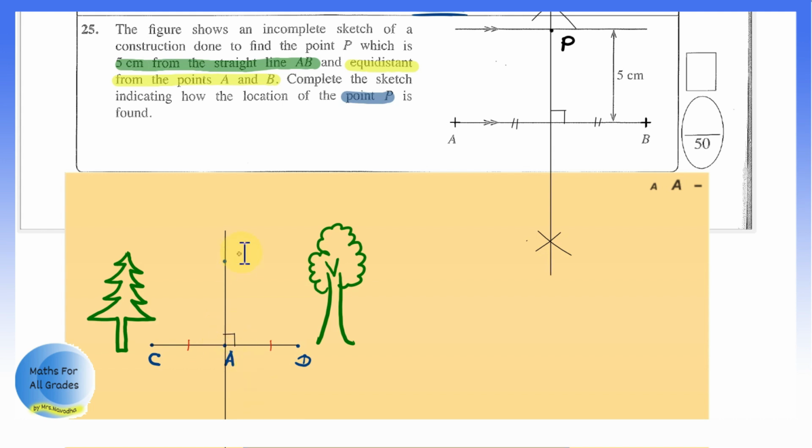Now let's say that you are here at the point A dash, the length from A dash to D and A dash to point C is equal to each other. So we call this line the perpendicular bisector.